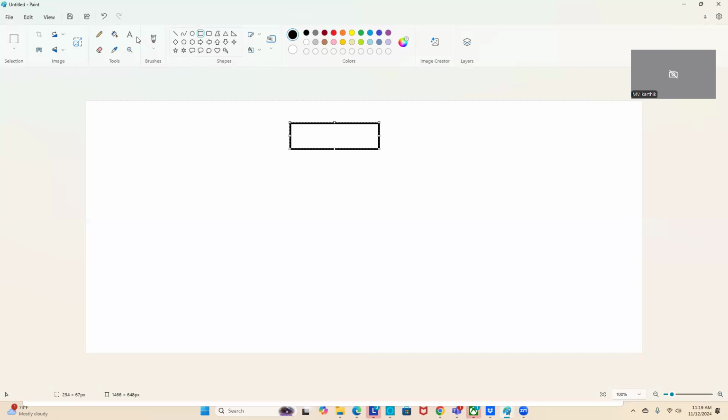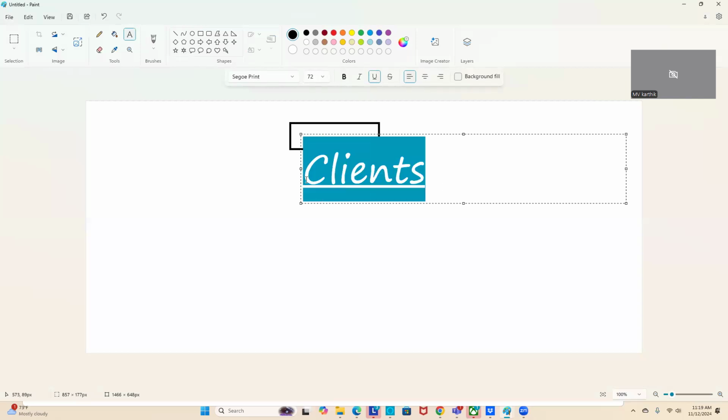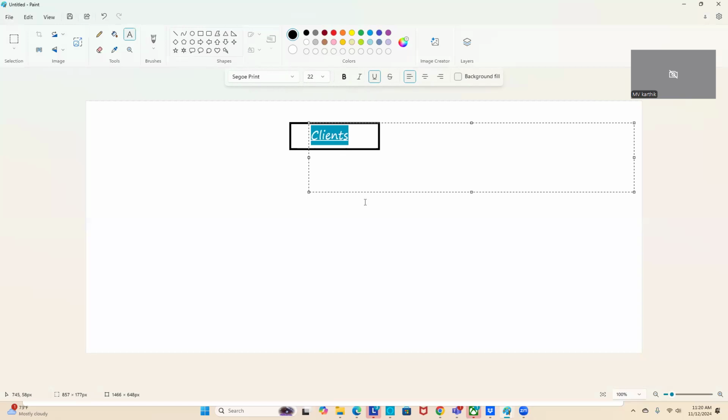Let me categorize them first. Any project or any company depends on its clients, so clients are important for any company.